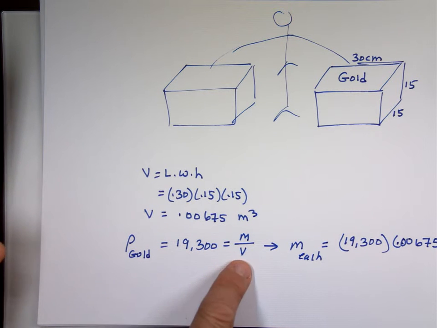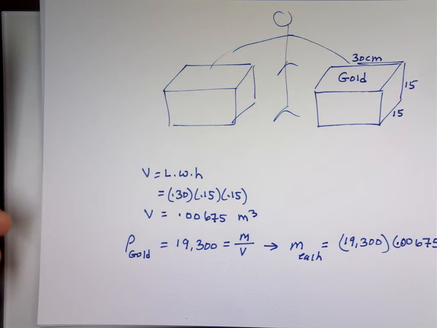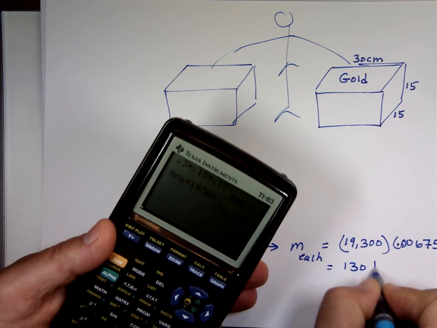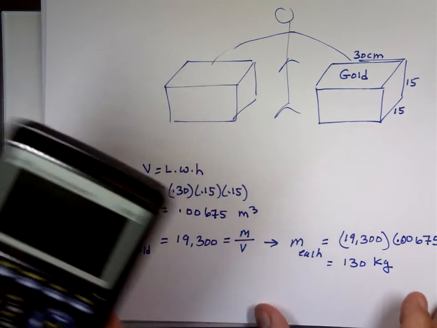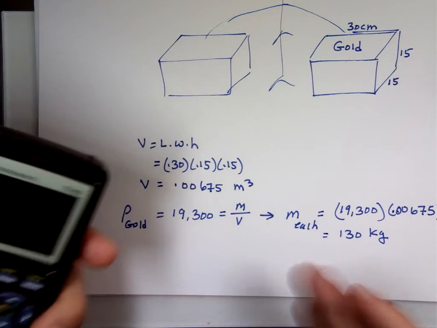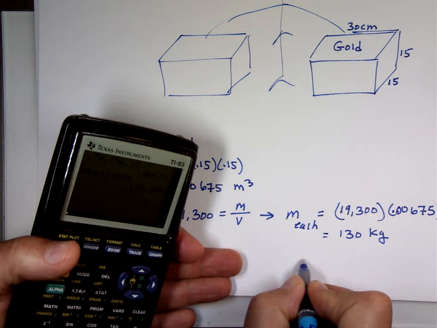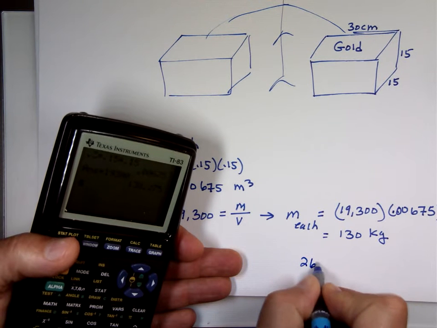This times this, so times 19,300. Each one of them is 130 kilograms. Well, you don't have to be the strongest man, but when you're carrying 2 of them, what are you carrying? 260 kilograms?